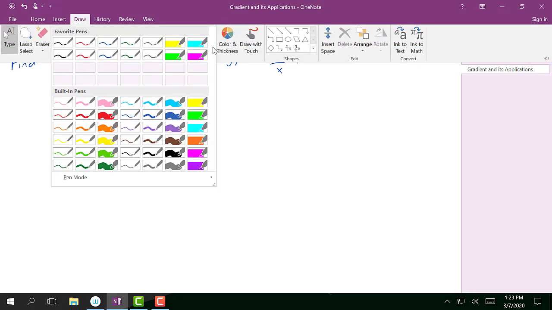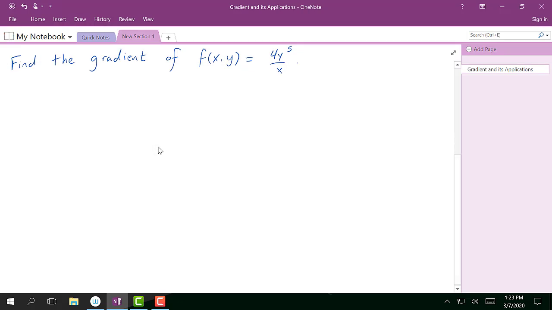For a question like this, it might help us to write our function as the product of these different terms. So what I mean by that is having 4x to the minus 1, y to the 5, just to make it easier for when we take our derivatives.